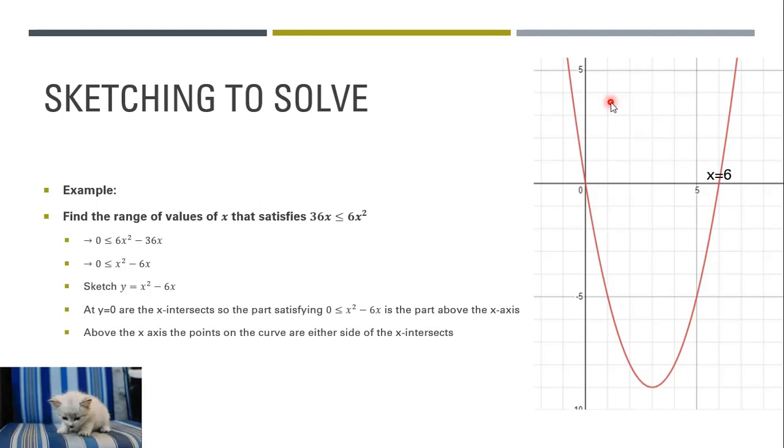Yeah, that's what I've just explained. So if you look here, because it's a U-shaped, the bit that's above the x-axis is to the left of this root and to the right of this root. So solutions are x is less than or equal to 0 and x is more than or equal to 6 to get these bits.